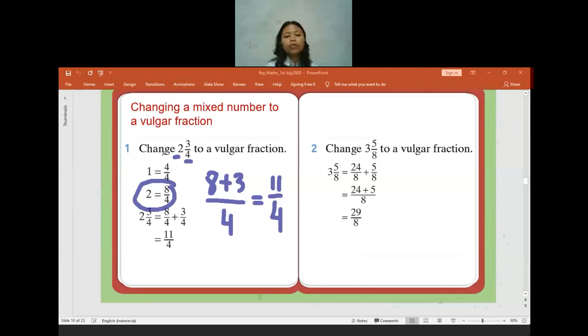So if I have number 2 in here, it will be 8 by 4, because 8 by 4 equals 2. Why do I change it to 8 by 4? Because the fraction is by 4. The denominator is by 4. That's why for the whole number I also have to make it into the same denominator. It will be 8 by 4.